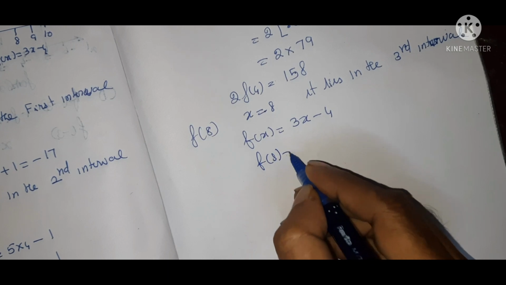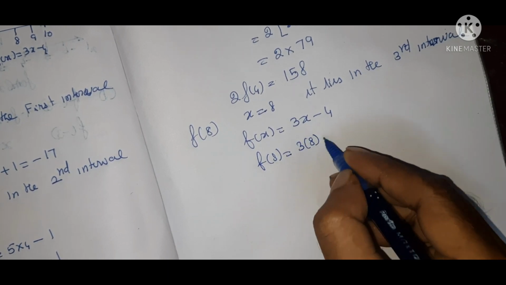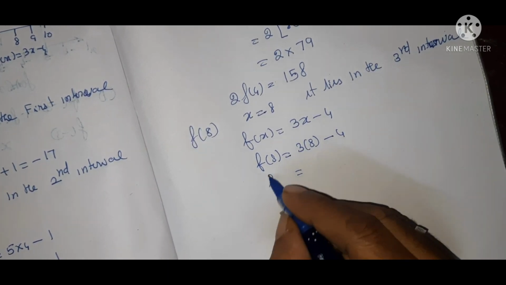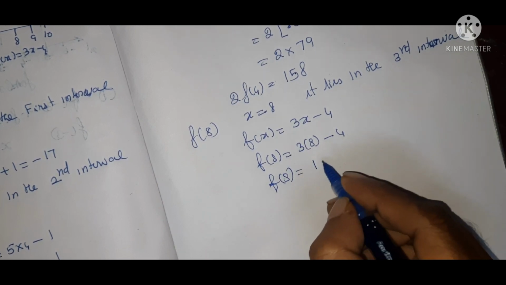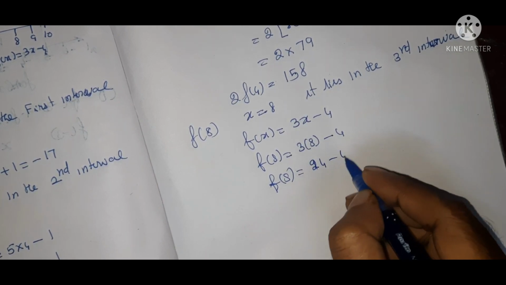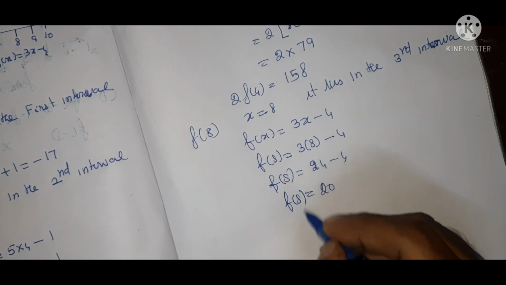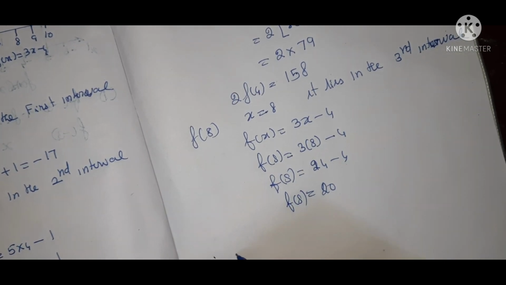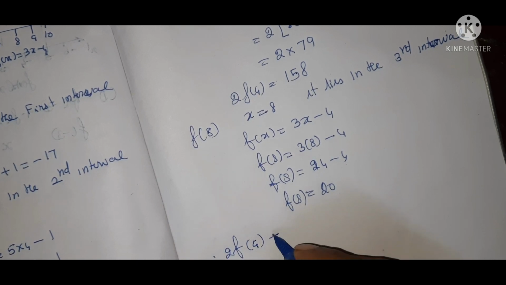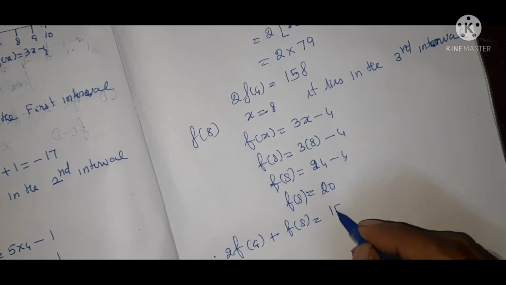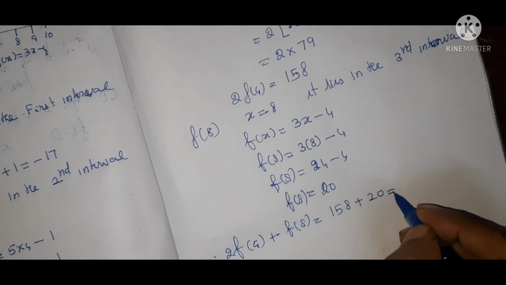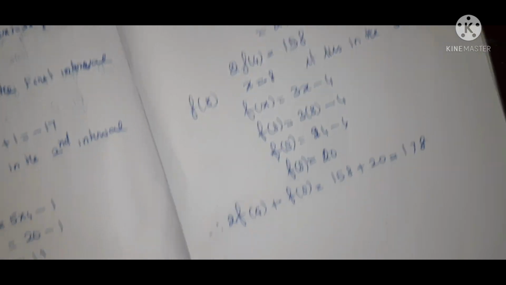F of 8 is equal to 3 into 8 minus 4, 24 minus 4, 20. Therefore, 2 into f of 4 plus f of 8 is 158 plus 20, 178.